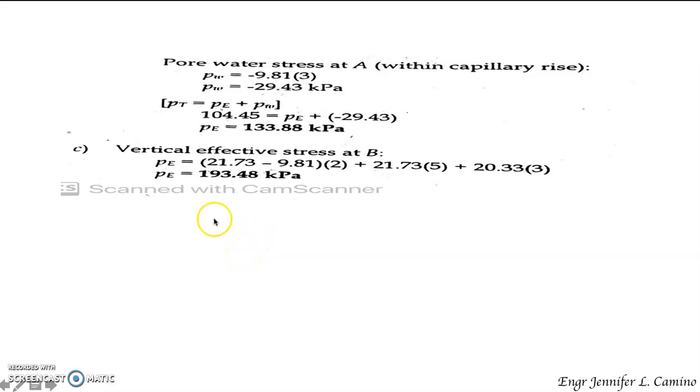We get first our total stress and our pore water pressure, then get the difference between the two to get the effective stress at that certain point. So for this one, at point B, the effective stress is 193.48 kilopascal.